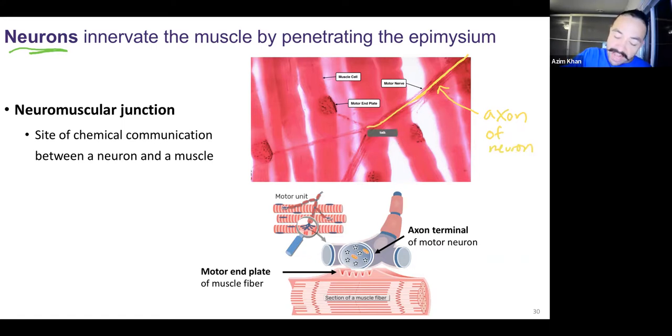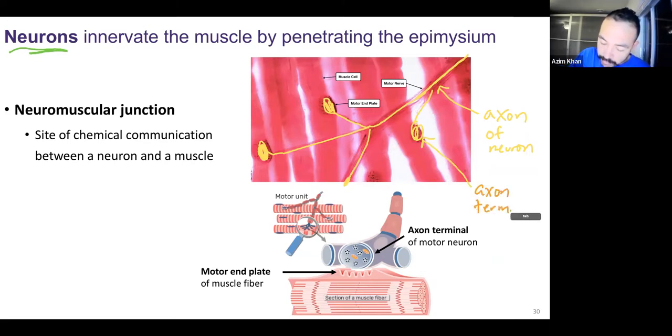And then this axon branches and comes to several points, these places where the axon ends, and it's called an axon terminal. An axon terminal is the ending. That's what terminal means. It's the ending of an axon, which is the last part of a neuron.